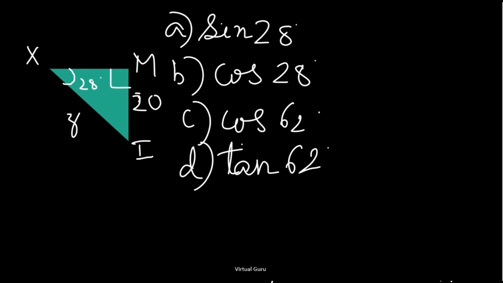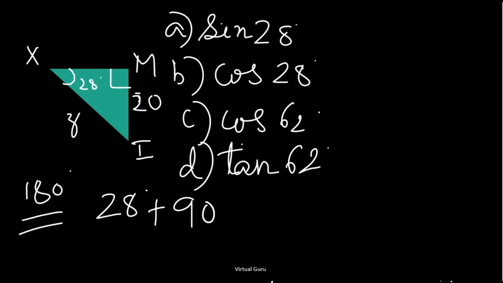We know that for any triangle, the sum of the three angles will be equal to 180 degrees. It's always the same. Now, one angle is 28 degrees. Am I correct? Yes. Another angle is 90 degrees. Am I correct?